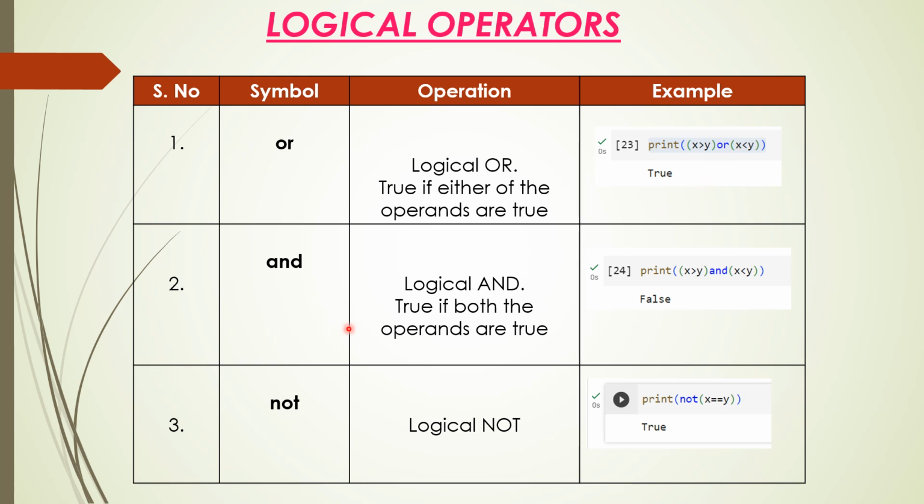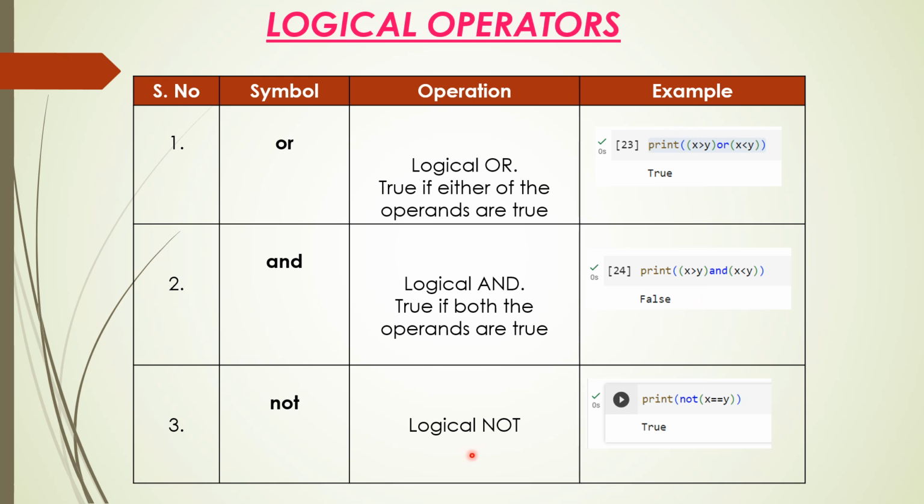Whereas for the AND, only if both the operands are high or true, the answer will be true, else it is false. For our example, if we put the same example here, the answer will be false, because for any one case, either this case or this case, it becomes false. If I take x equal to 5 and y equal to 7, obviously one will become false. So both are not true. Obviously my answer will be false.